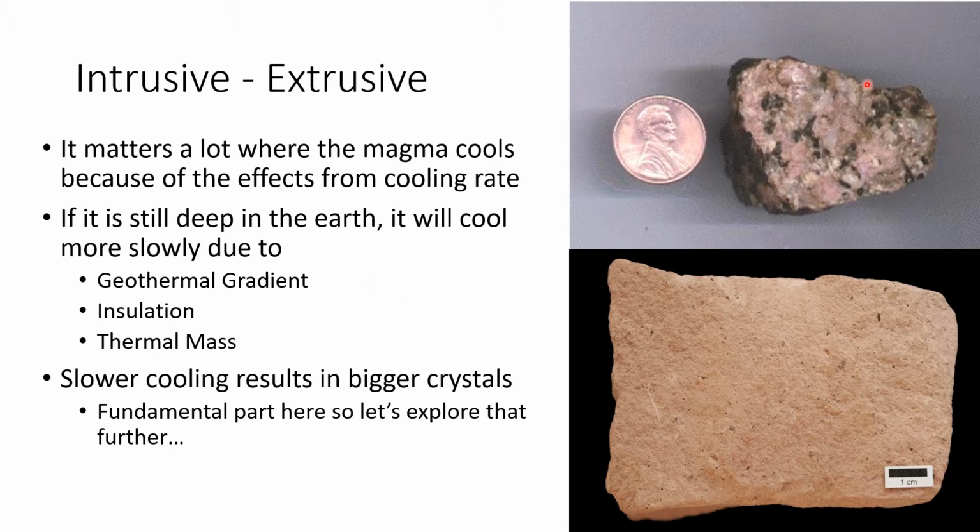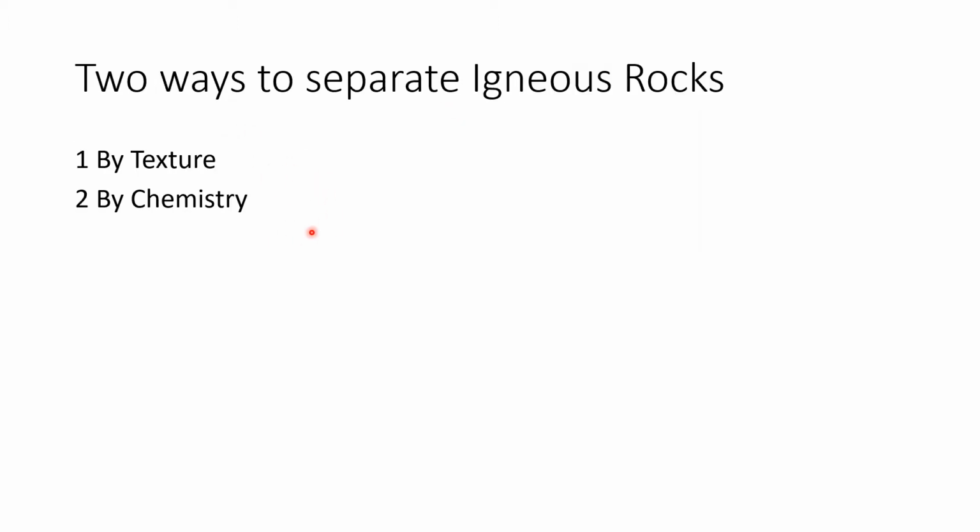And I kind of gave you a preview here with this piece of granite and this piece of rhyolite with exactly the same chemistries, and the difference being intrusive and extrusive. And we'll use those two different things to make a two-dimensional, like a grid type classification. So the chemistry that we're looking at in that last slide would be that it is granitic chemistry.